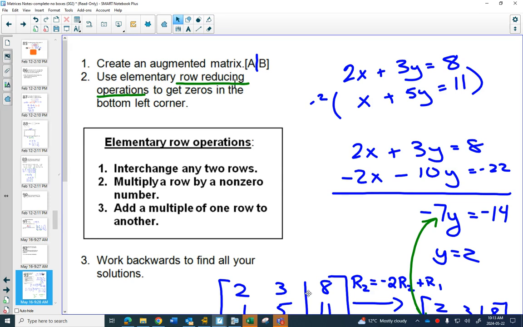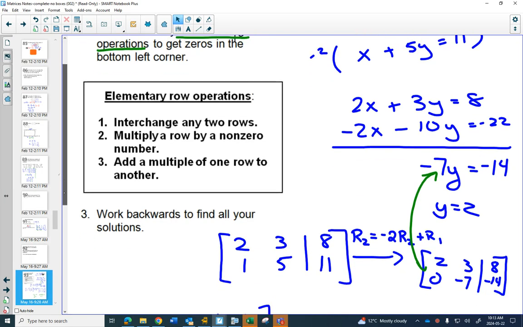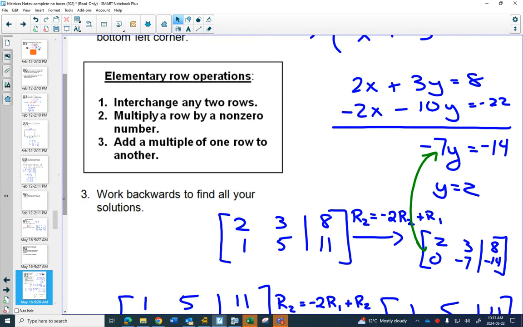So what does this look like in matrices? It's actually quite elegant, because it saves you some time that you don't have to rewrite x's and y's. So we set up our augmented matrix. Then I'm going to change my augmented matrix to a new augmented matrix with row reducing operations.